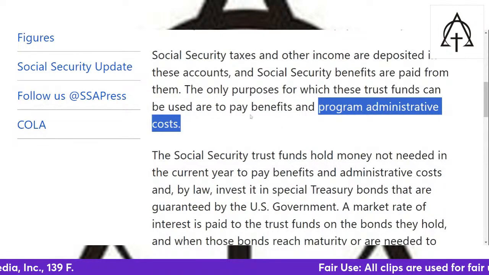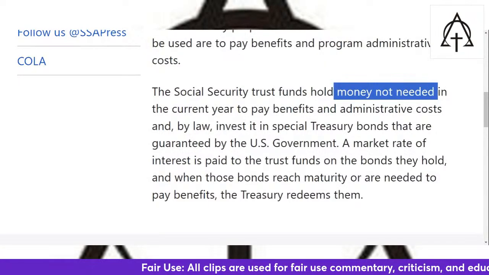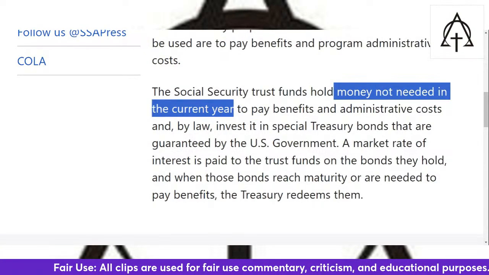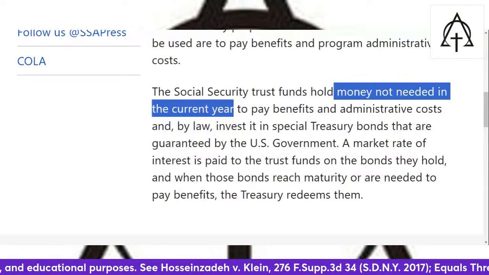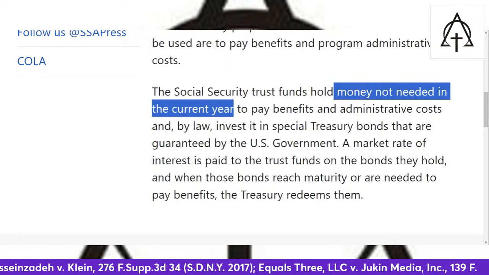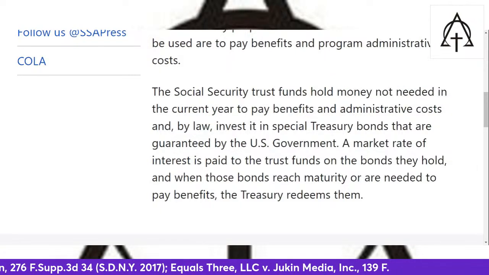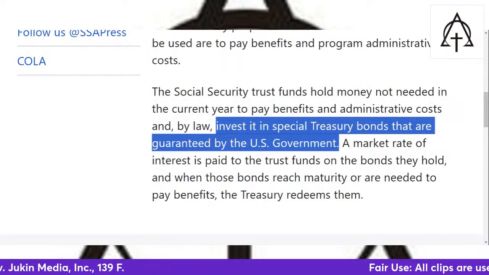The Social Security trust funds hold money not needed in the current year. It's not needed in the current year. It is a surplus to pay benefits and administrative costs, and by law, invested in special treasury bonds that are guaranteed by the U.S. government.